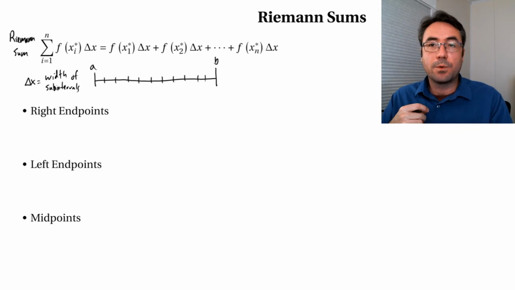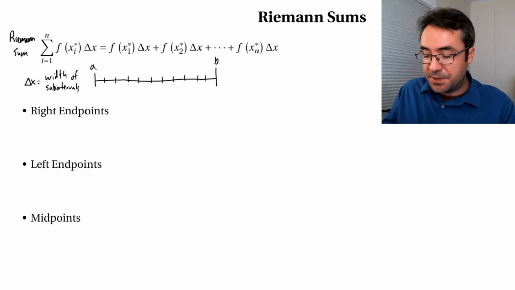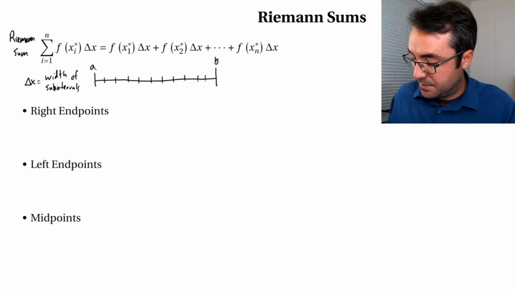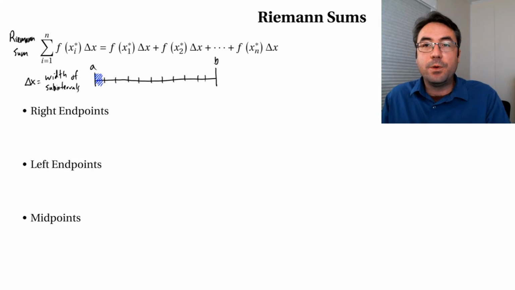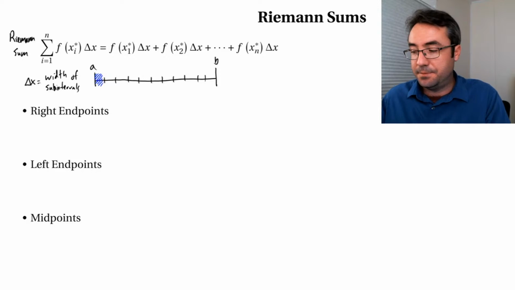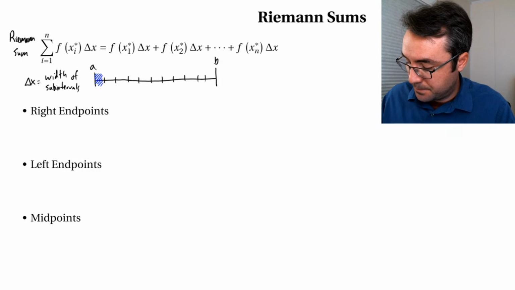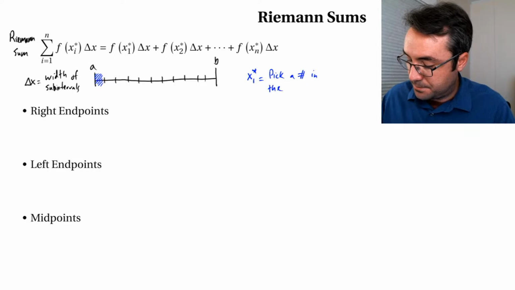And so what we're going to do is, for each of those subintervals, let's start with the first subinterval here, we want to pick a number out of that subinterval. So x1 star, we're going to pick a number in the first subinterval.